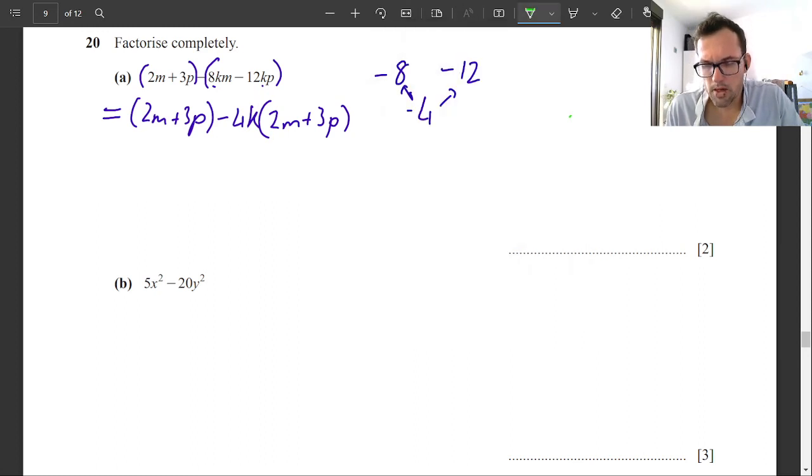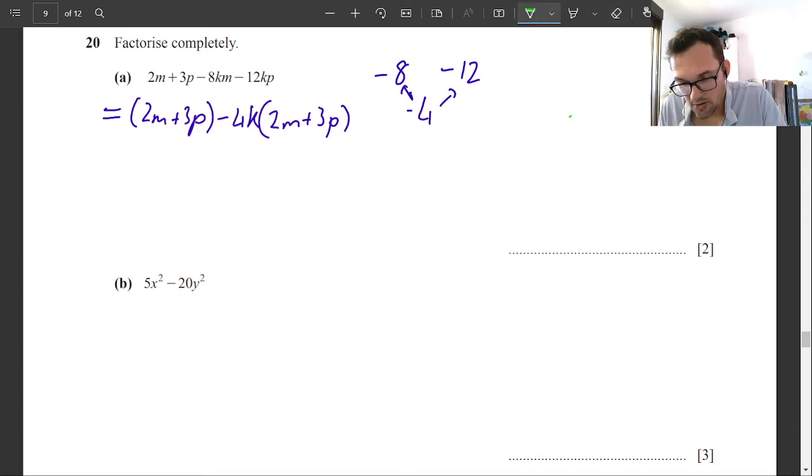Right, so make sure when you multiply out the brackets, you get what is at the top. So let me show you what I mean. The first bracket here, I didn't factorize anything else. I need to put a 1 in front, right? So 1 times 2m is 2m, and 1 times 3p is 3p. Good, that's what we have there.